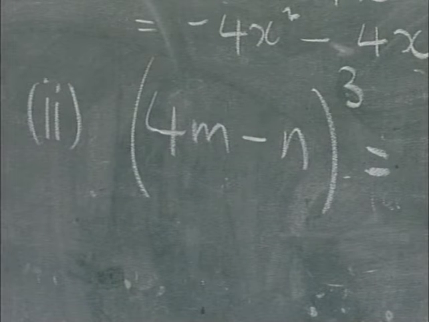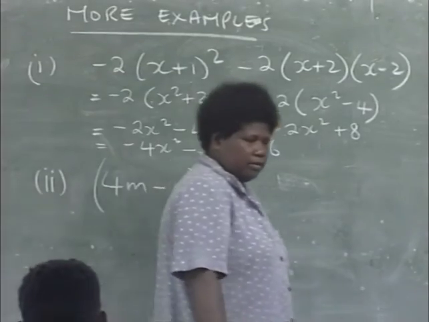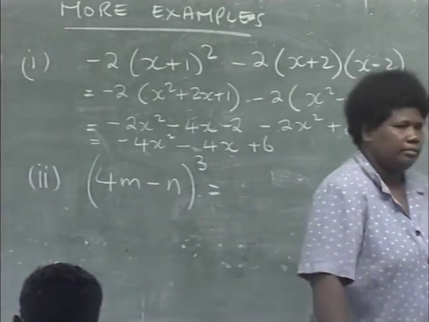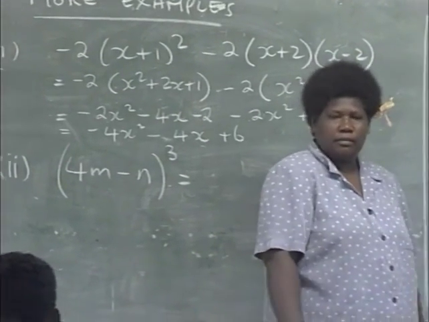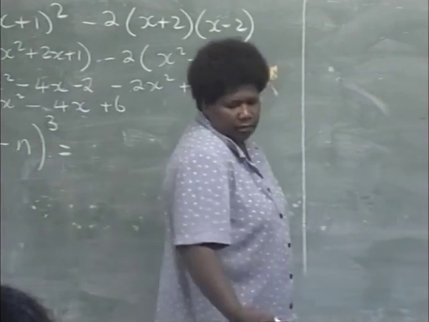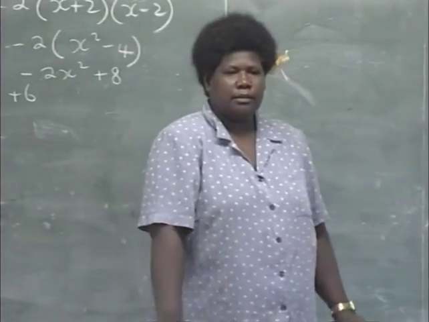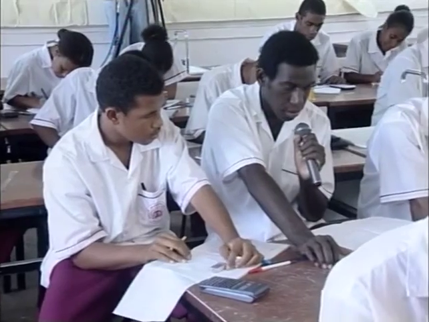Are we finished? All right, let's hear some answers again. 4m minus n cubed. Solomon, your turn. 64m cubed minus n cubed.